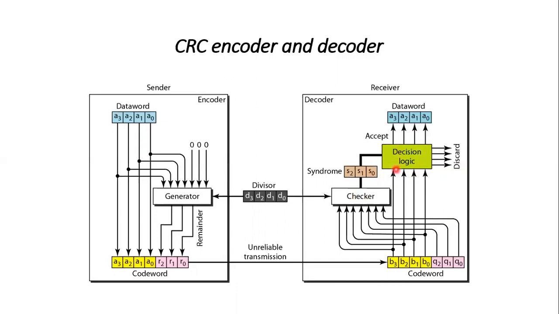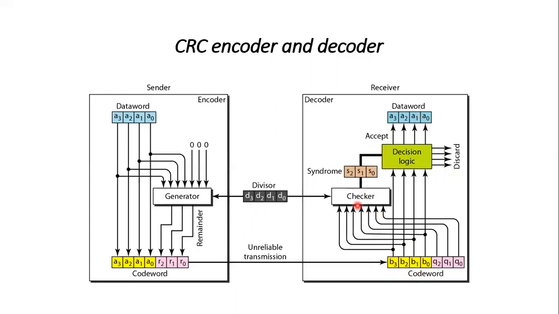The analyzer has a simple function. If the syndrome bits are all zeros, then the 4 leftmost bits of the code word are accepted as the data word, that is A0, A1, A2, and A3.